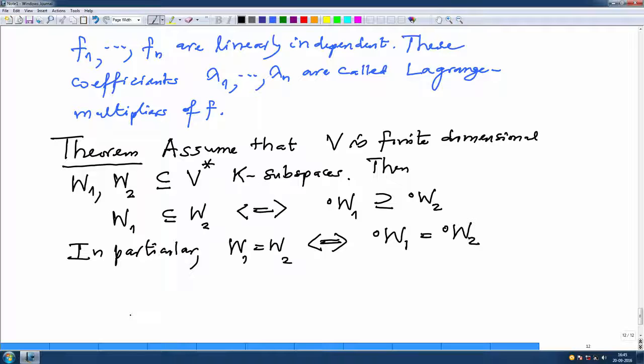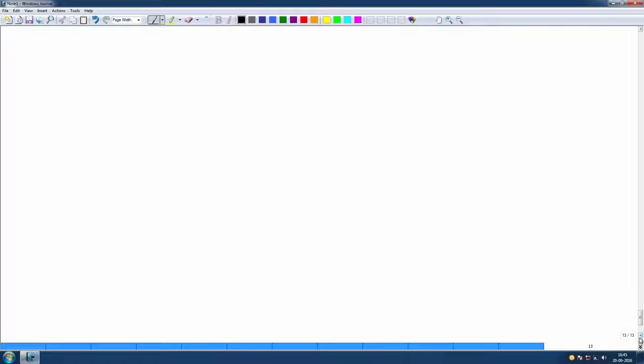Okay, so let me also consider a double dual. So, let us go to the next page. So, now let us write it as an example. This is a bidual.